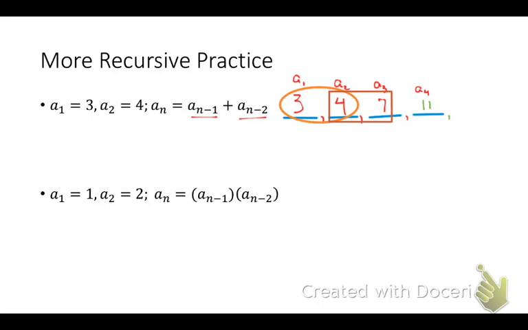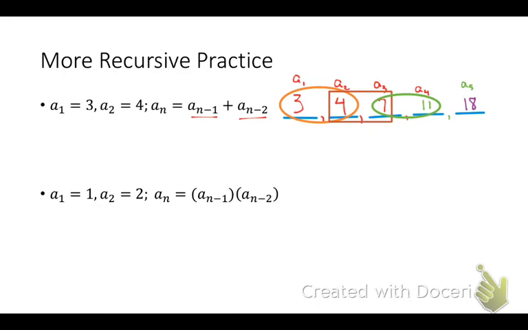To find my 5th term, or a sub 5, I'm going to take 7 and 11 and add those so I can get 18.